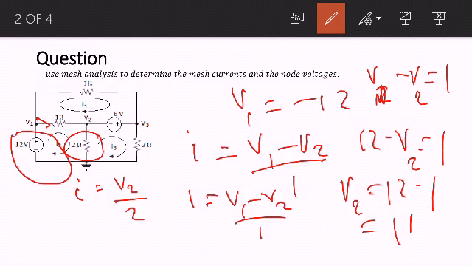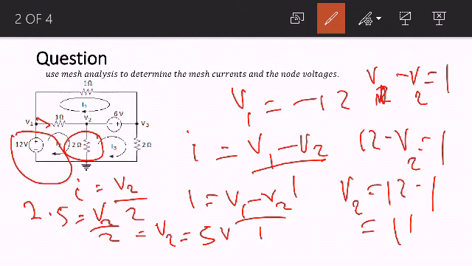The current passing through the 2 ohm resistor, like we said, is I3 minus I2 or I2 minus I3, depending on which is bigger, and we got it to be 2.5. So 2.5 equals V2 over 2, and that gives us V2 equal to 5 volts.